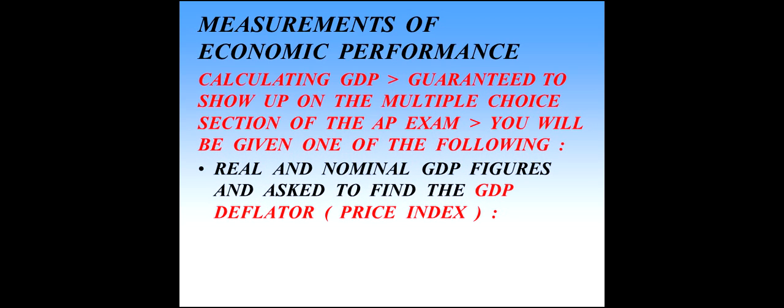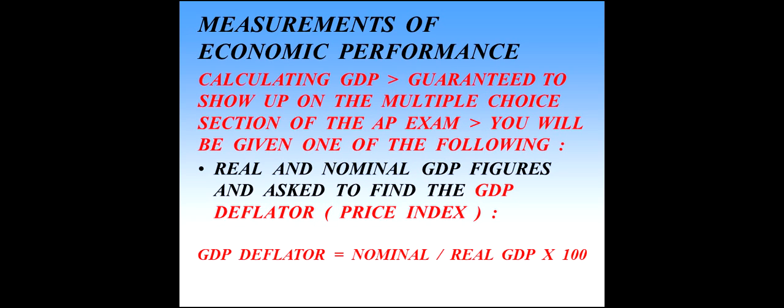So here's one way how it will be presented. You may be given the real and nominal GDP figures and asked to find what the GDP deflator or price index is. And that's a pretty simple equation. The GDP deflator or price index is equal to the nominal GDP figure divided by the real GDP figure times 100.